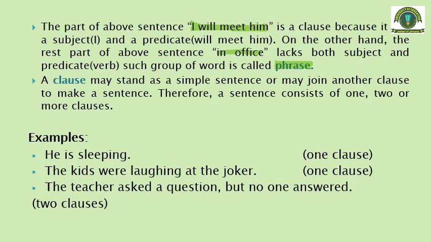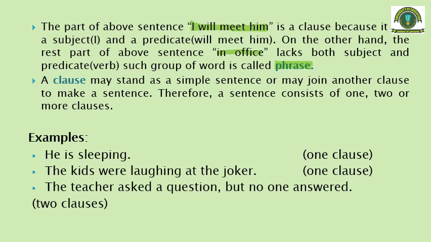It cannot convey its meaning. Now we do have a bunch of examples of clauses. But before that, you should know that a clause may stand as a simple sentence or may join another clause to make a sentence. So, a sentence consists of one, two, or more clauses.